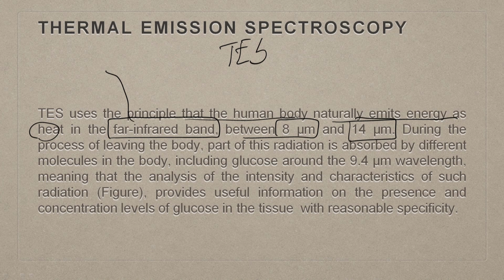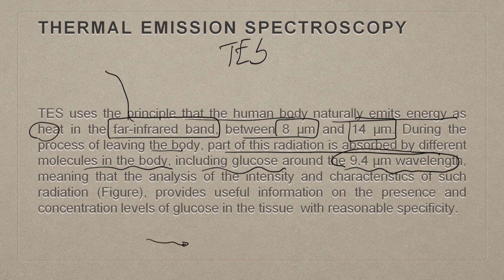Snakes use these kinds of technologies. They could sense. Okay. During the process of leaving the body, part of this radiation is absorbed by different molecules in the body, including glucose, around 9.4 micrometer wavelength. So, while the body is generating them, there is this glucose which is absorbing it before it goes out.